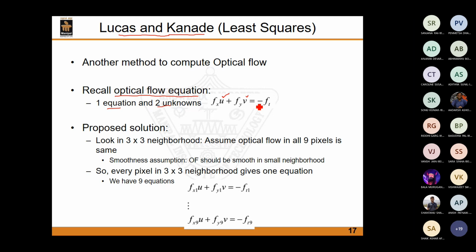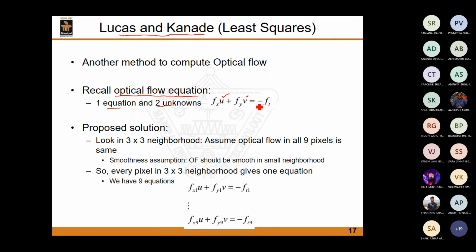In the case of the Horn and Schunck algorithm, they assumed an additional constraint and formulated it as an optimization problem, and we have already seen how iteratively it converges to a solution.